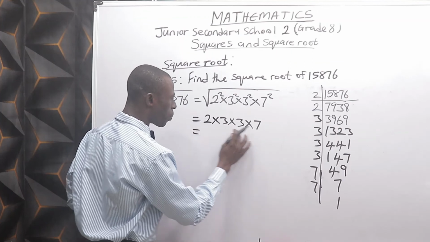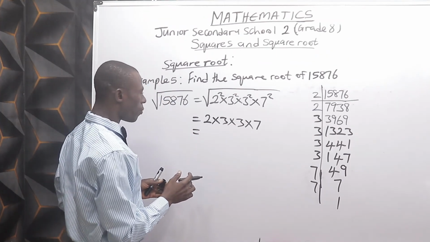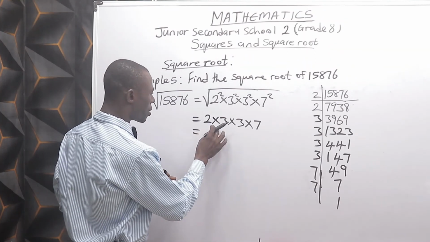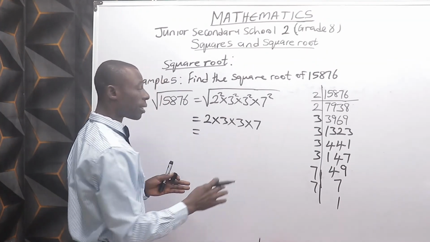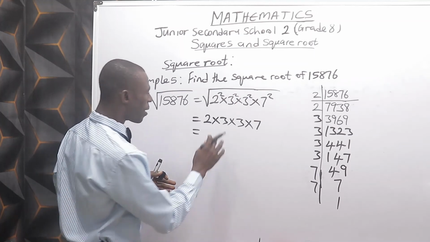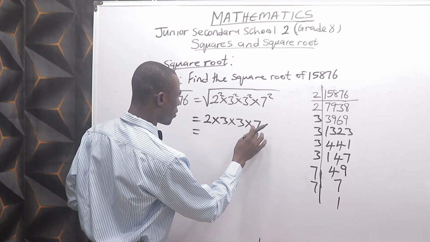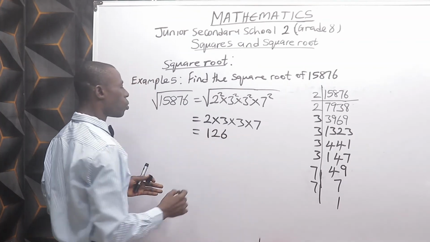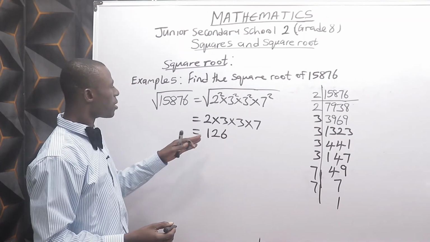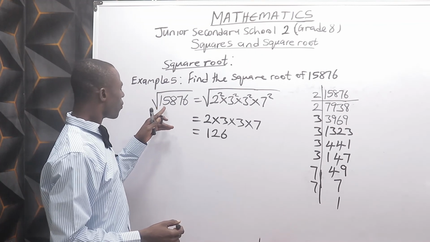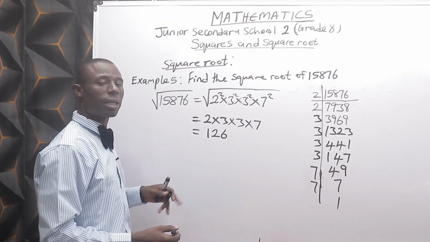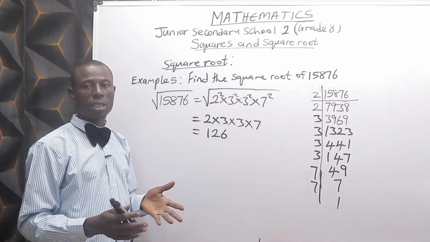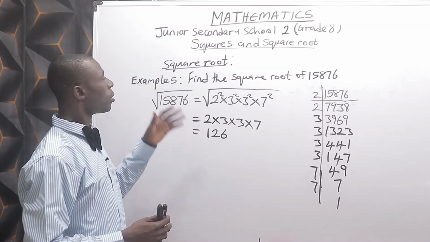So you now find the product of these factors. 2 times 3 is 6. 6 times 3, that is 18. 18 times 7, that gives 126. And so 126 is the square root of 15,876. That is where we are drawing the curtain for this.